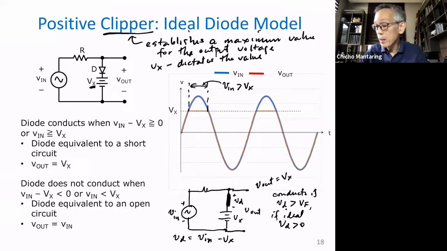Okay, let me go back to the positive clipper. What if I did not use the ideal diode model? What do you expect the curve to look like? Anong magiging itsura ng curve kung hindi natin ginamit yung ideal diode model? Anyone? Any ideas?